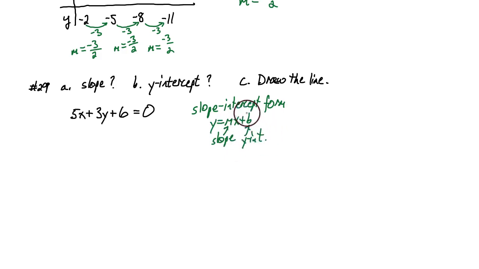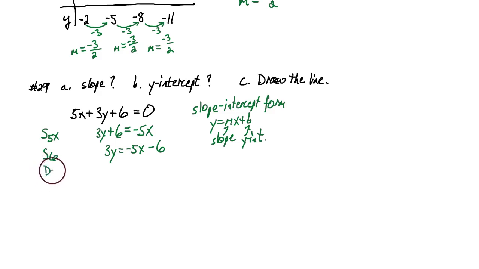If our equation had this pattern, we could quickly get the slope and the y-intercept, but we don't have that pattern. Let's transform it. First step, subtract 5x from both sides. We get 3y plus 6 equals negative 5x. Next step, subtract 6 from both sides. We get 3y equals negative 5x minus 6.